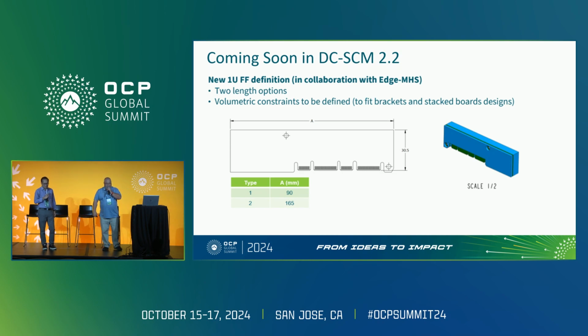Essentially, the thought process is a volumetric solution with a minimum and a maximum length, and the ability to fit within that volumetric will make you compatible. The interface will be compliant to the DC-SCI from the DC-SCM specifications, and that will be the path forward that will give us the flexibility to do the things that we just spoke about.